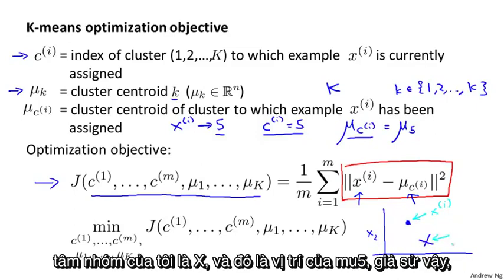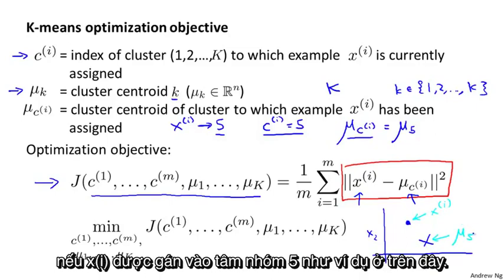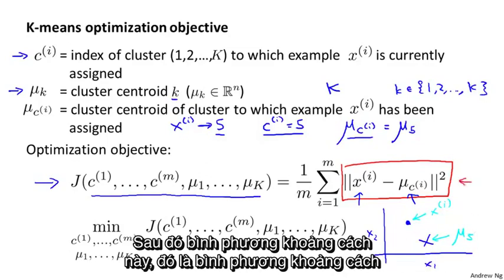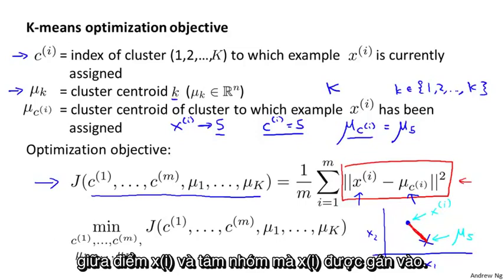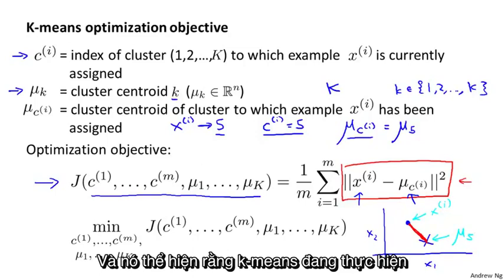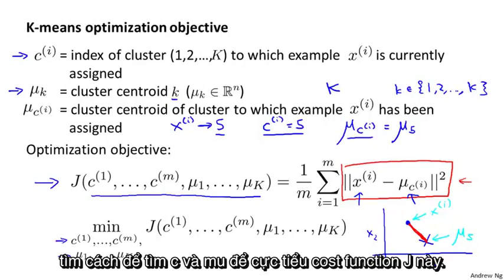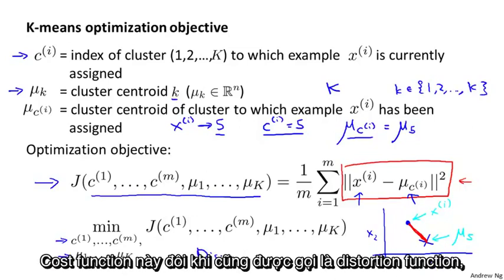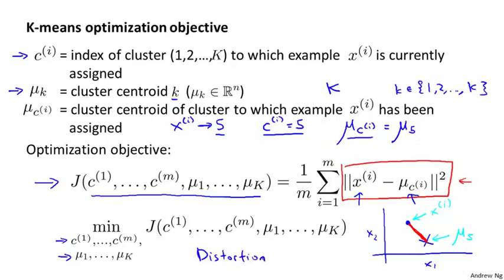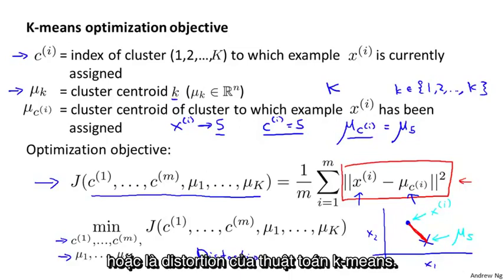So if that's the location of mu 5, let's say, if x i has been assigned to cluster centroid 5, as in my example up there, then this squared distance is the squared distance between the point x i and this cluster centroid to which x i has been assigned. And what k-means can be shown to be doing is that it is trying to find parameters c and mu to try to minimize this cost function J. This cost function is sometimes also called the distortion cost function, or the distortion of the k-means algorithm.